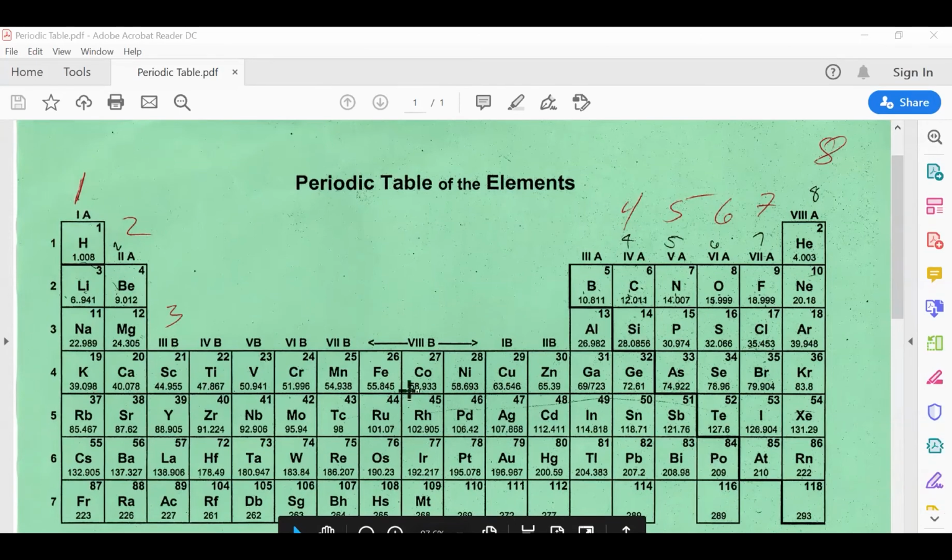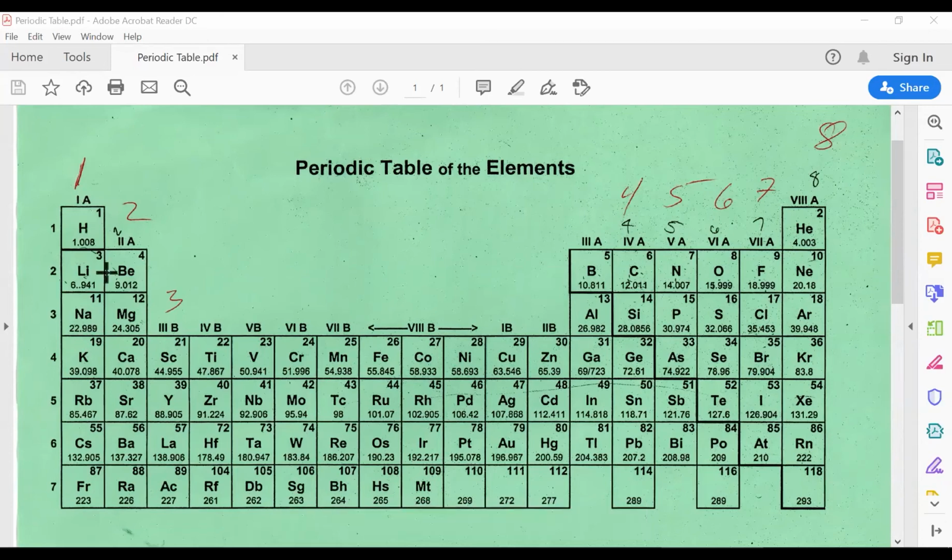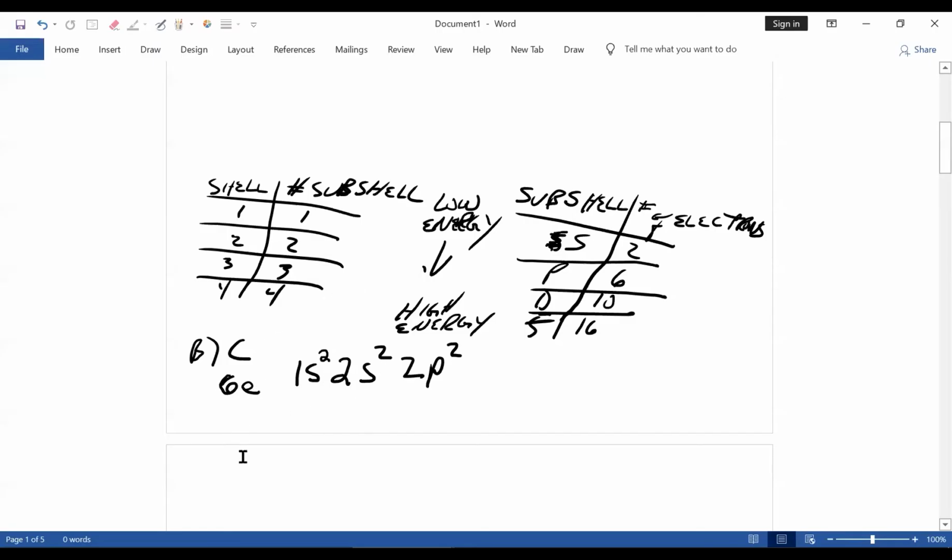Now, let's do another one. Why don't you do the electron configuration for oxygen?